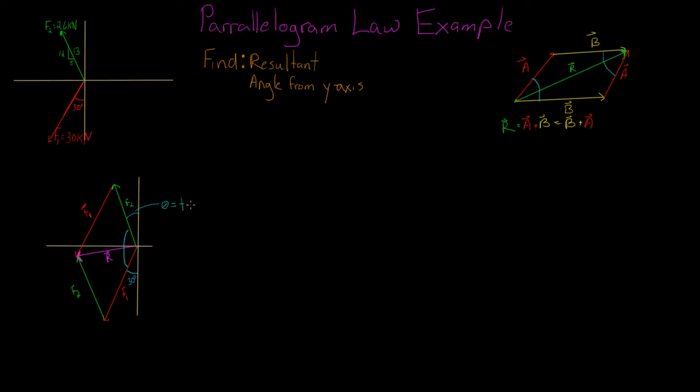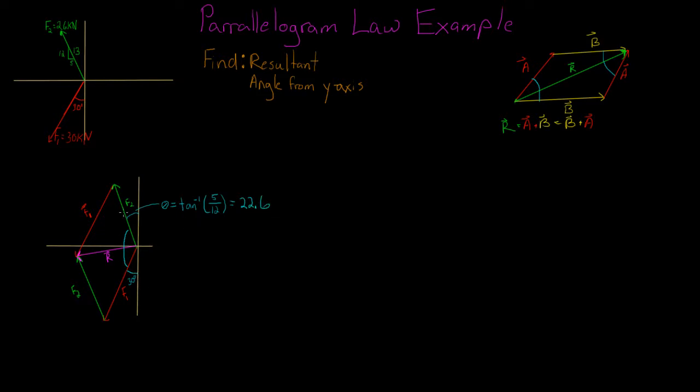So we can figure out that the inverse tangent of opposite, which is 5, over adjacent, which is 12, is going to be equal to 22.6. So this angle right here is 22.6.